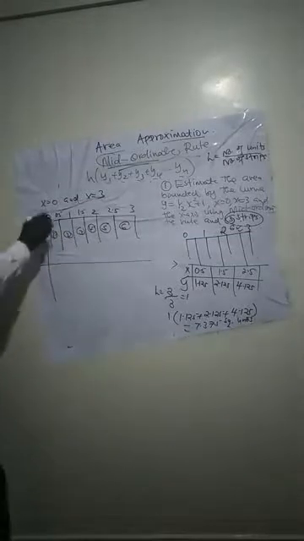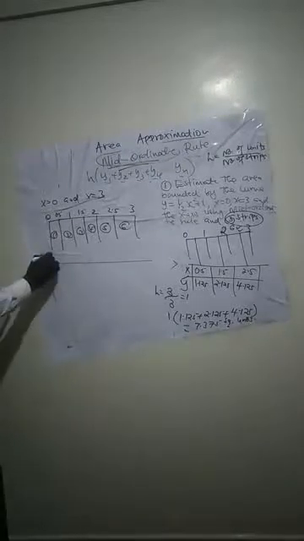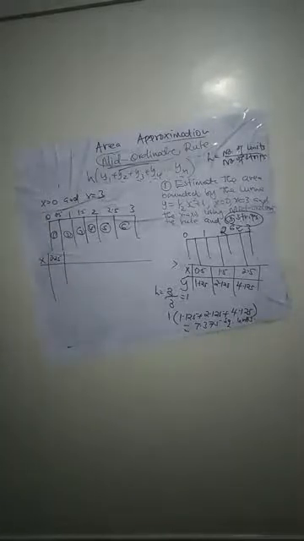Like in this case, you would need to do 0 plus 0.5. Then you divide that by 2 to get 0.25. That becomes your new midpoint. The same thing, you proceed on the next part. You have 0.5 plus 1, that gives you 1.5.